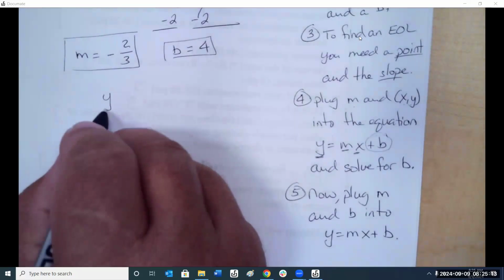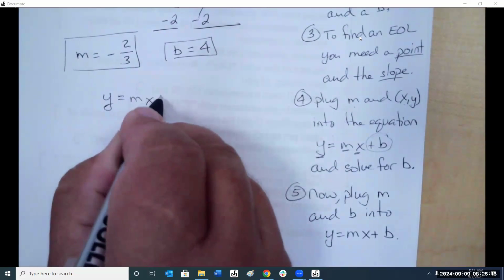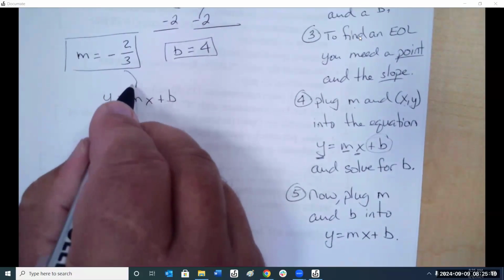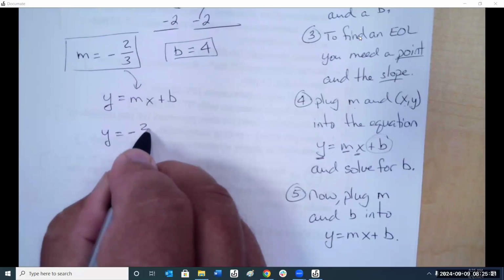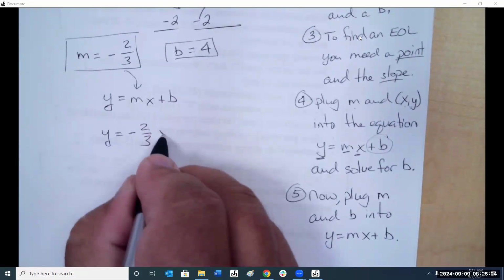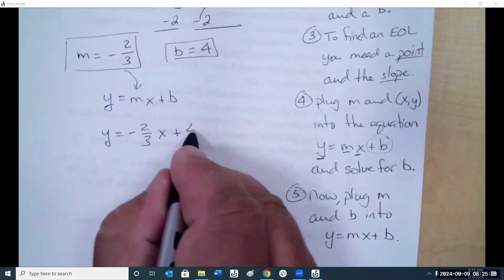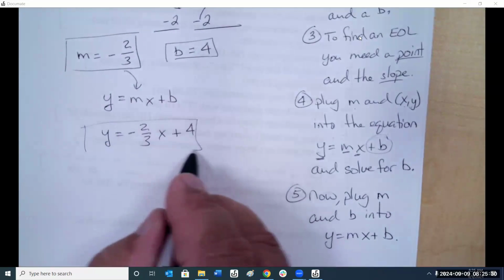You have an equation of a line. So m is -2/3. x stays there. And b is +4. And there's your equation of a line.